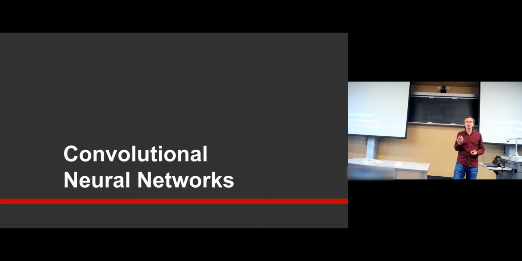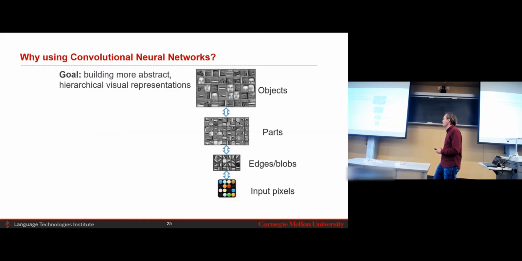So CNN, I want to spend a little bit of time on that just because we will use it as a building block. The intuition behind convolutional neural networks, there are many, but one of the main ones is that it's trying to reflect how the brain is, at least it was motivated that way.